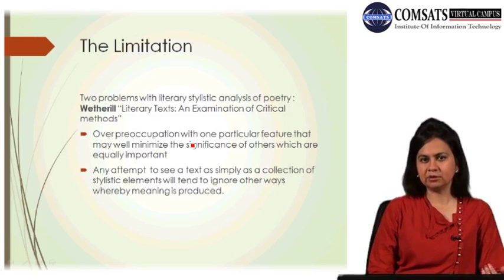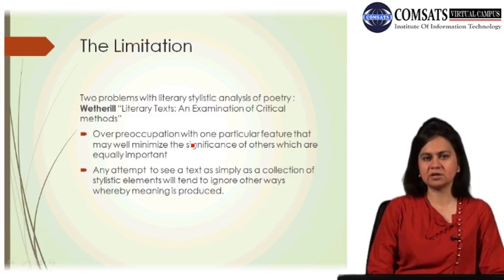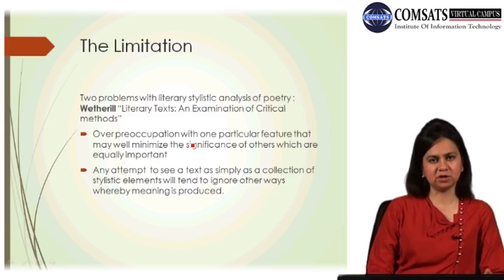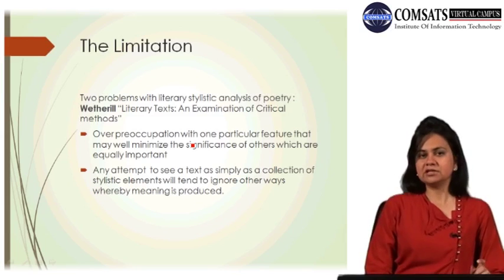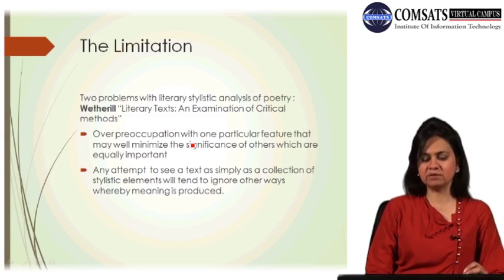These other ways include tense, grammar or shifts in tense and grammar, or syntactical pattern, or even phonology, meter, rhythm, rhyme. These things will be ignored because a literary stylistician is picking up some specific features of a text. When a literary stylistician picks up certain distinctive features of a text, he ignores the other parts of the text which might be equally important in conveying meaning.